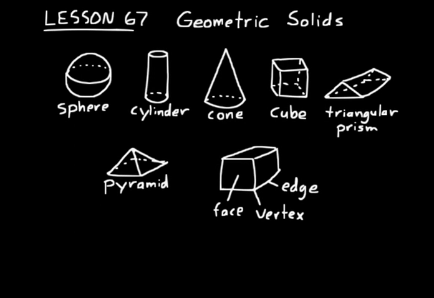So one thing we haven't drawn is a rectangular prism. It looks kind of like a triangular prism that has a rectangular base and then the sides come up like that and across. I didn't draw any dashed lines on this one. So usually when you draw these, you draw the hidden lines as dashed lines.